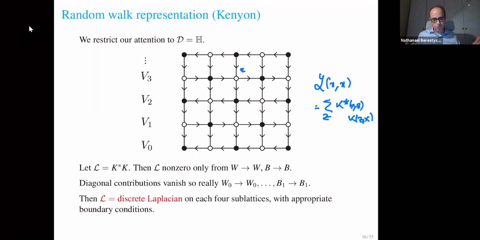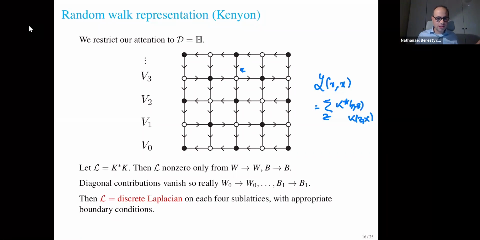There's white 0 and white 1. There's black 0 and black 1. And you realize that once you've done that, L becomes just the discrete Laplacian operator on each of these 4 sublattices with appropriate boundary conditions. And that's why Kenyon had to come up with a specific boundary condition that we now call Temperleyan.